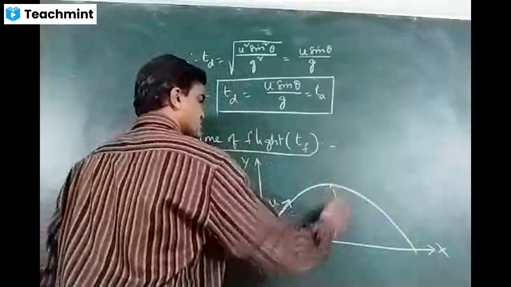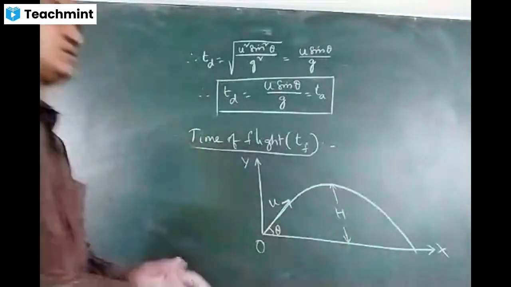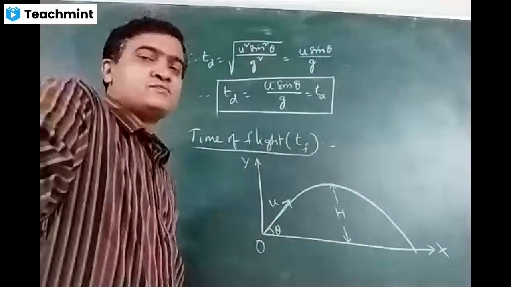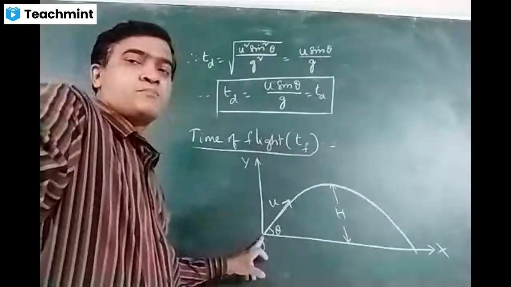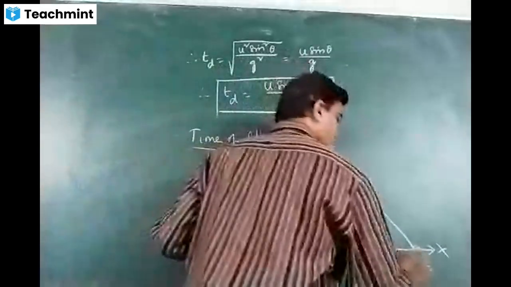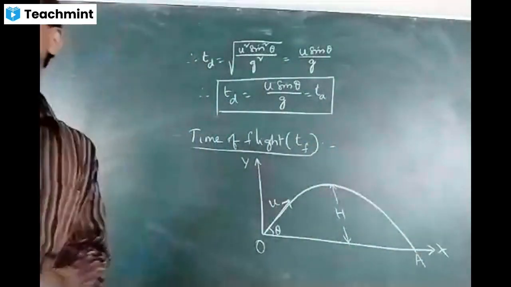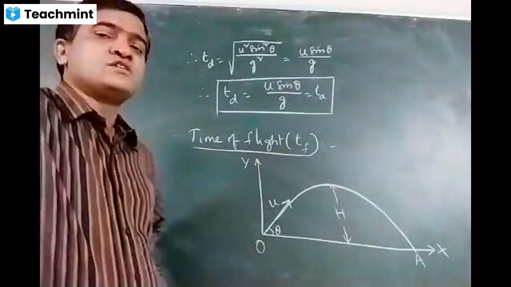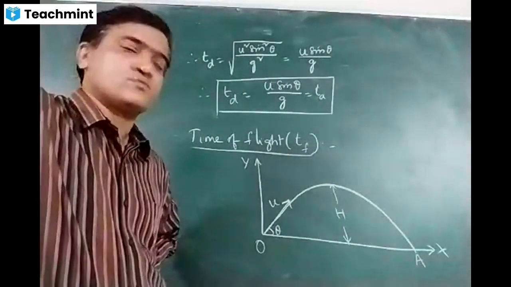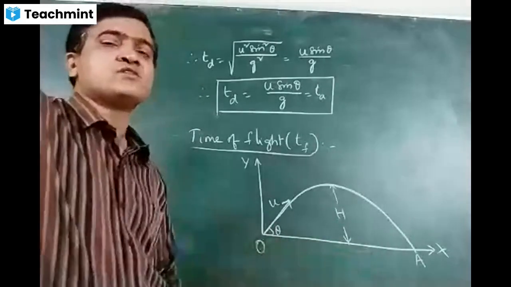This is maximum height. From where you started throwing the projectile? From the origin. Now where is the particle reaching? Point A, again to the ground. Right? O is on the ground, point A is also on the ground.